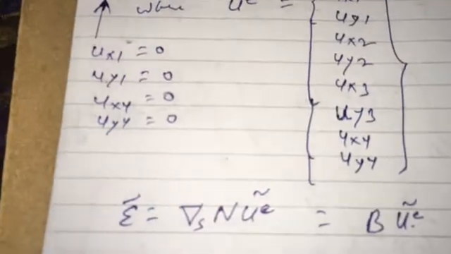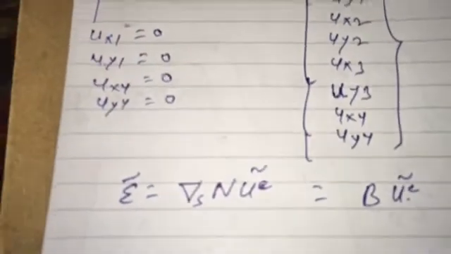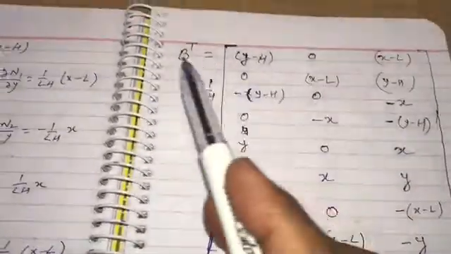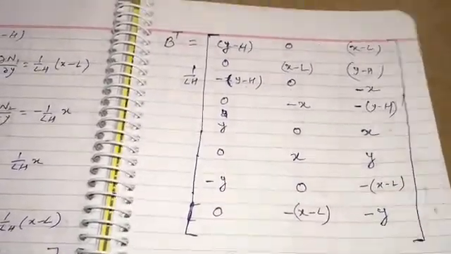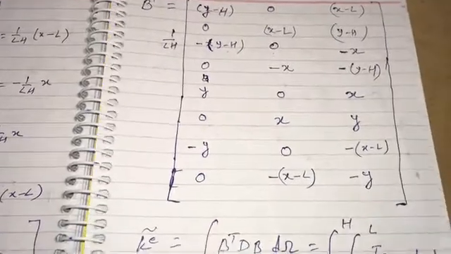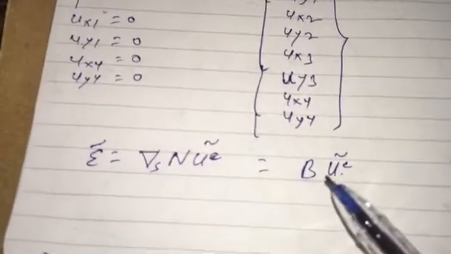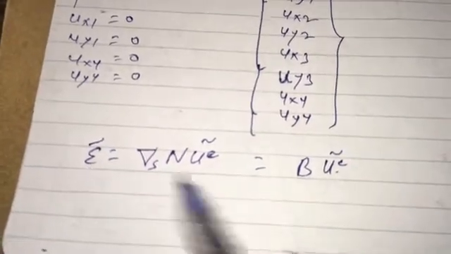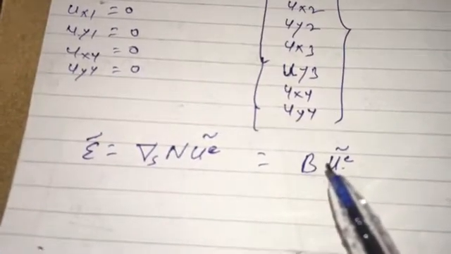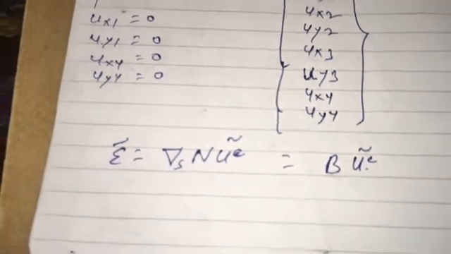So, there will be 3 components of the strain, but since B is a function of x y as we have seen here, the value of the strain will also be a function of x y. That means strain will vary within the element. Okay.